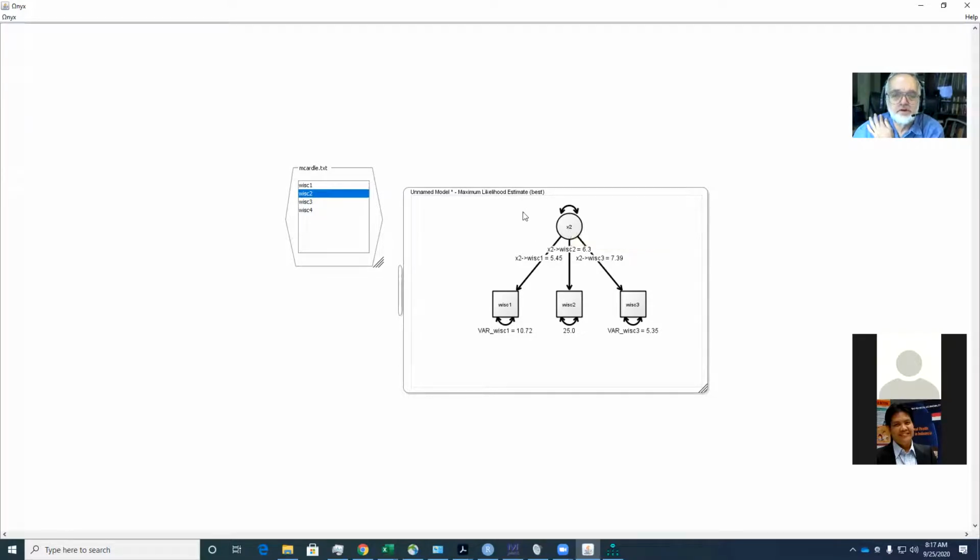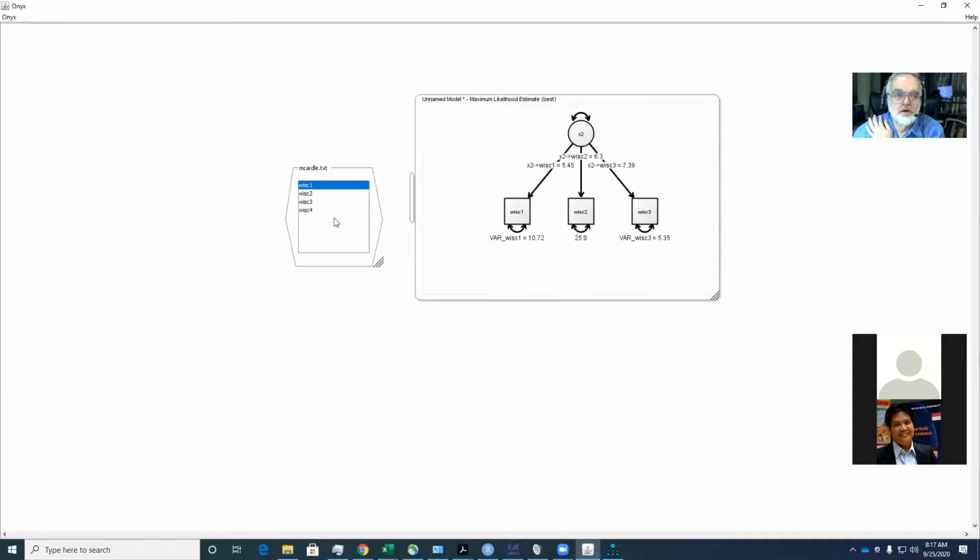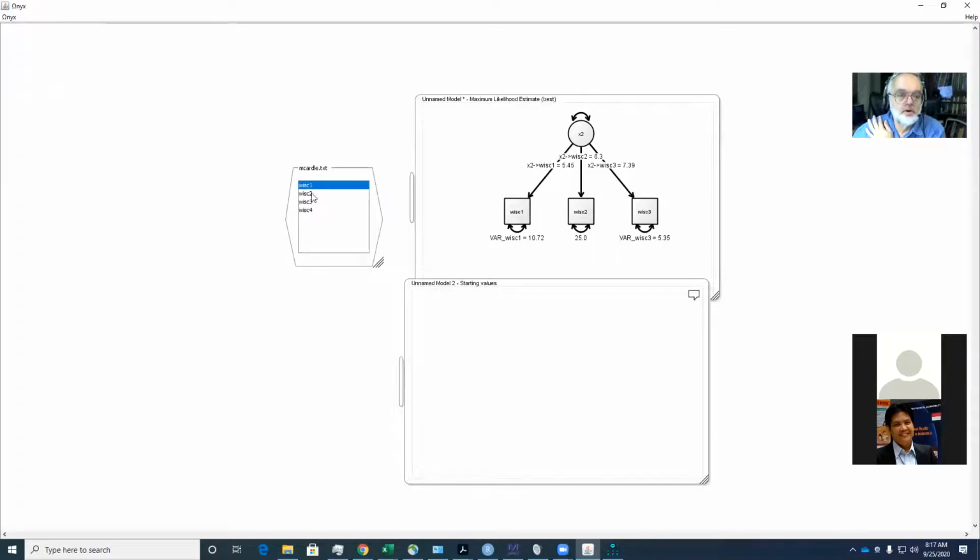And the question was, oh, gee, you know what? When I was doing other models, for example, I might try to look at the correlation between time 2 and time 3, adjusting for time 1. And I drew the picture that looks like this.